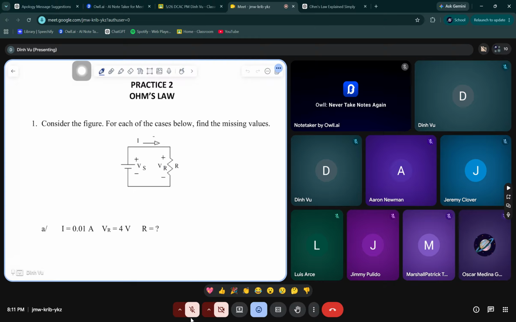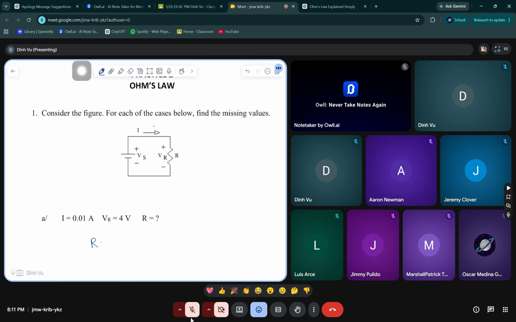So how much is R? 400 ohms. Okay, so R is V over I. This is Ohm's law. V here is 4 volts.